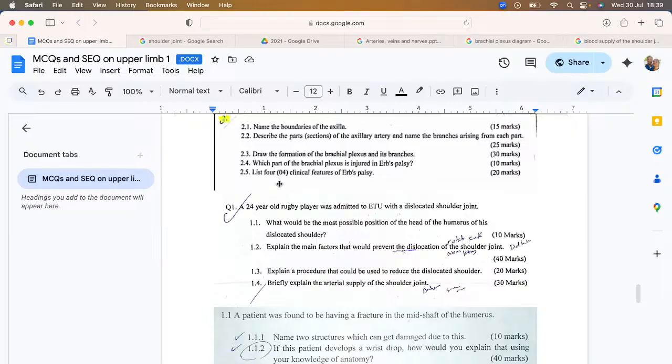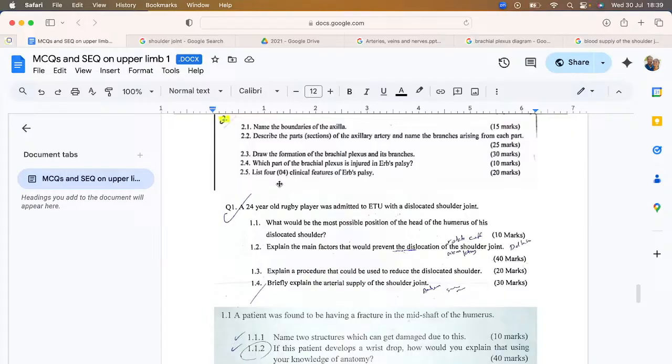So you'll get weakness of the arm. Let me just quickly have a look at this one. Okay, yeah, so you'll have muscle weakness, so that will lead to weakness of the arm.